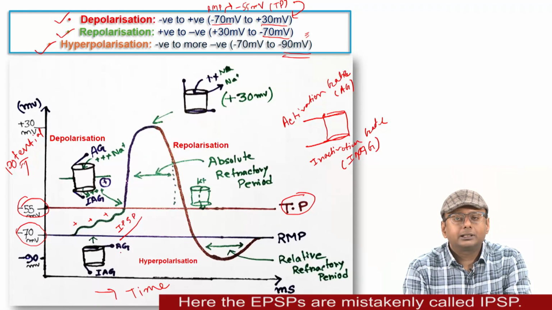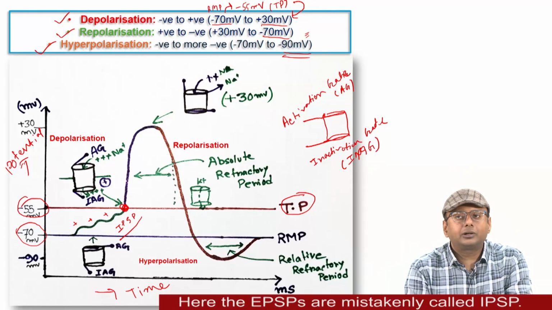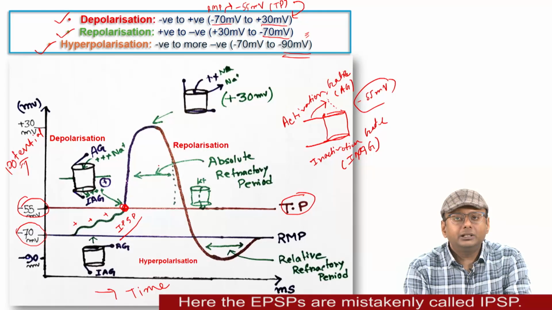But whenever the cell reaches this threshold potential, which is minus 55 millivolt, the activation gate of the sodium ion channel, which was initially closed, opens up. And whenever the activation gate opens up, slowly the inactivation gate also opens up.